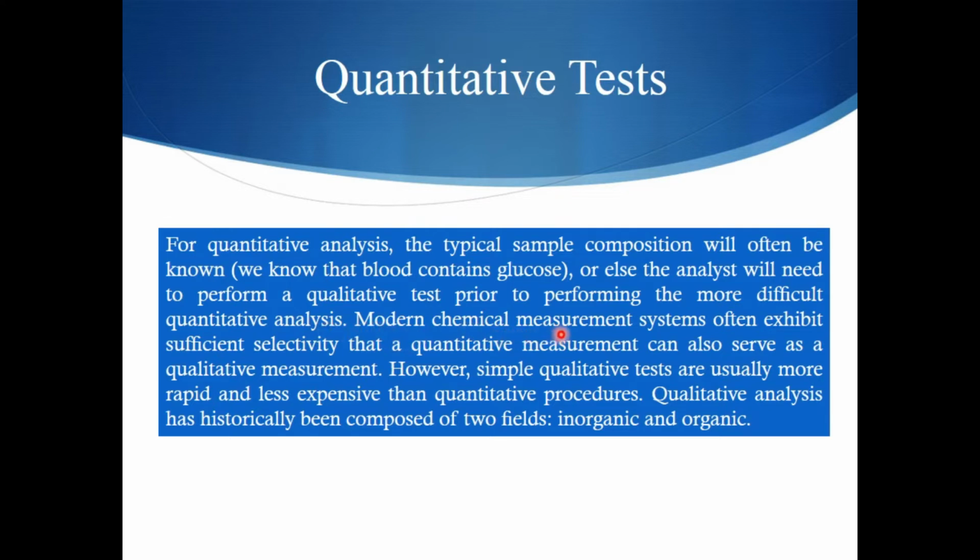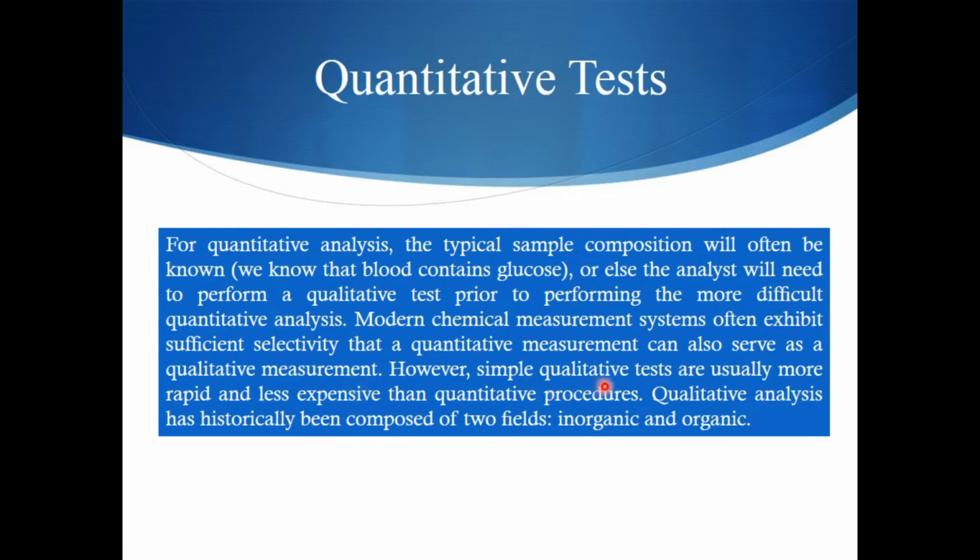Modern chemical measurement systems often exhibit sufficient selectivity that a quantitative measurement can also serve as a qualitative measurement. So this is the advantage of science. If we have to determine the quantity, the instrument can serve as a means to perform not only the qualitative but the quantitative measurement at the same time.